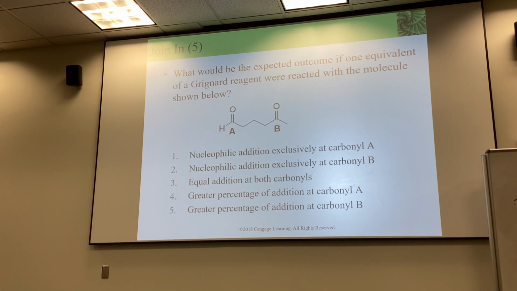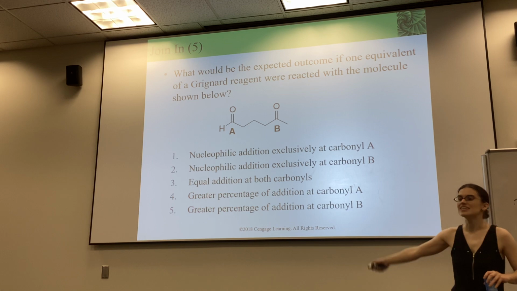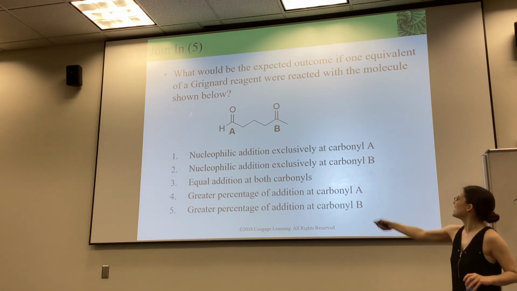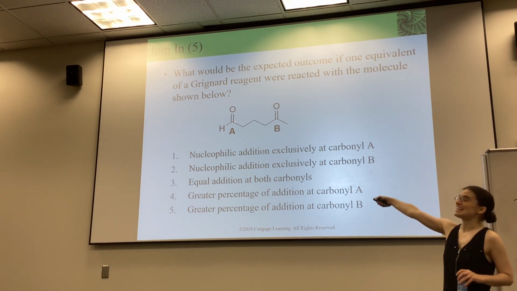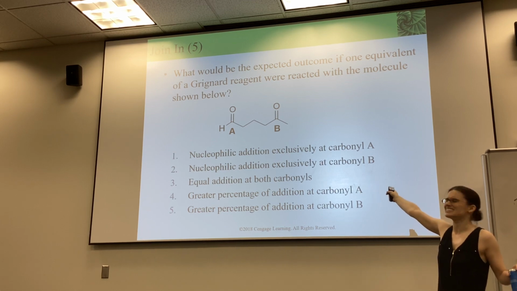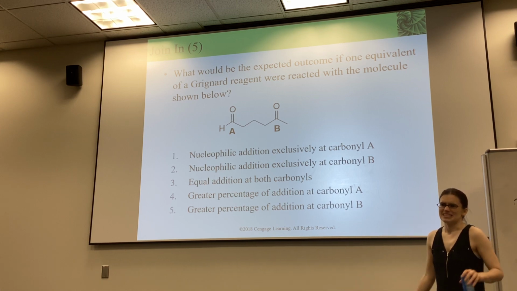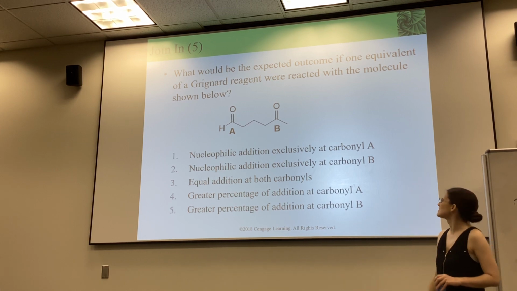Would it be A because it's more reactive? So A is definitely more reactive than B, yes. Yes, A is gonna be a better electrophile, and so you're probably gonna get reactions at both of these because organic chemistry is messy and all sorts of stuff happens.